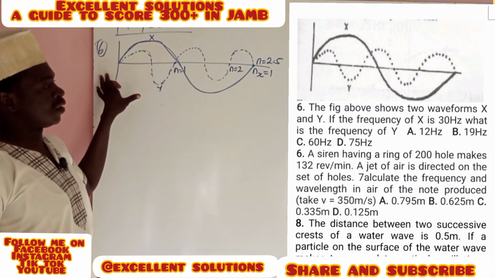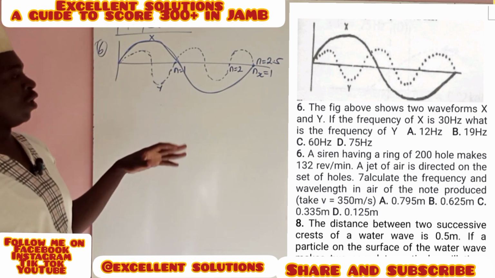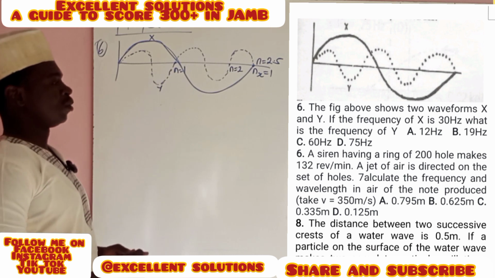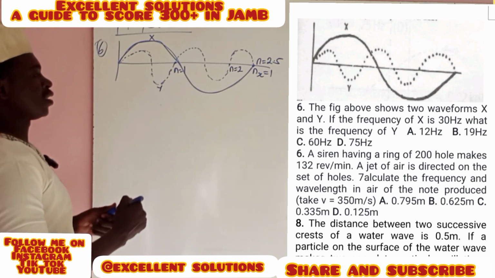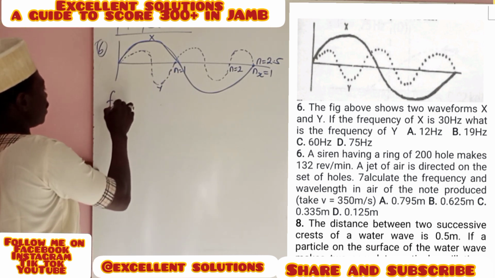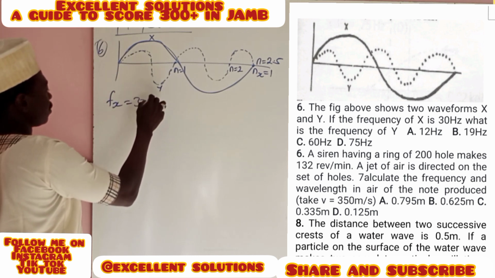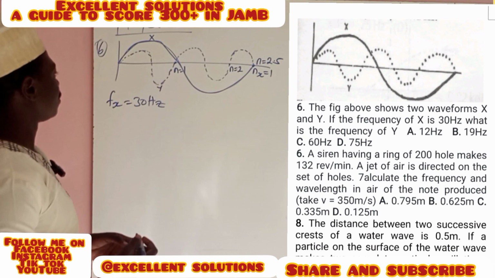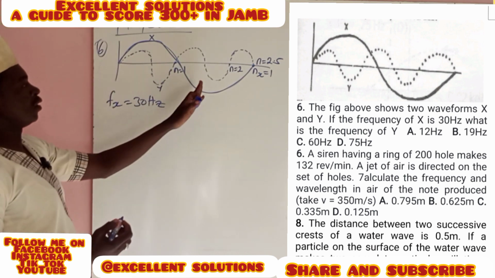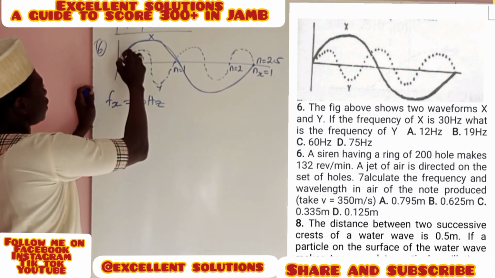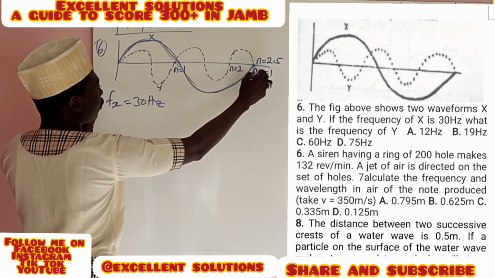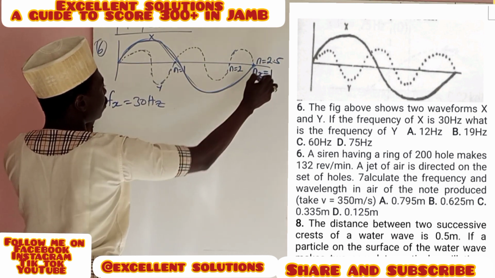Question 6 says the figure above, that's this figure, shows two waveforms x and y. If the frequency of x is 30 Hz, what is the frequency of y? If you look at this diagram, as we go from here to here, the number of revolutions of x is equal to 1.